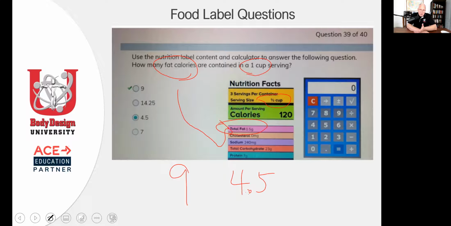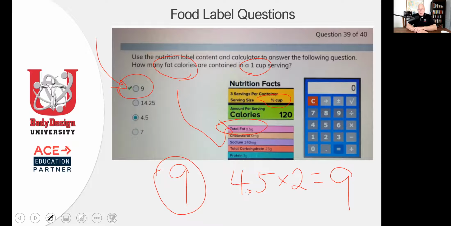They want to know what 1 cup is. Technically, you have to multiply again by 2, and that gets you back to 9. I mean, you already had the number, but I wanted to work you through the arithmetic, because it's not always going to be that simple. Half a gram is 4.5 calories. 1 gram is 9 calories, hence the reason 9 is the answer.